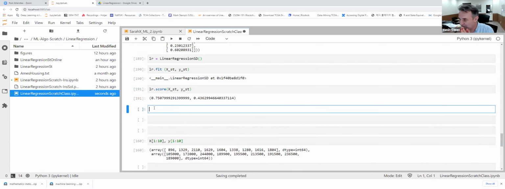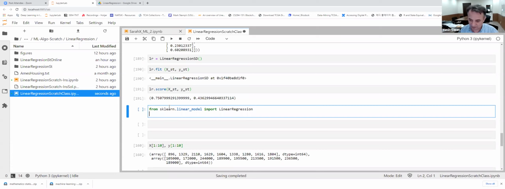Before we leave, let's also test this with regular linear regression, just to see that it is working. So from scikit-learn linear_model, import LinearRegression. Then LR_sk is LinearRegression.